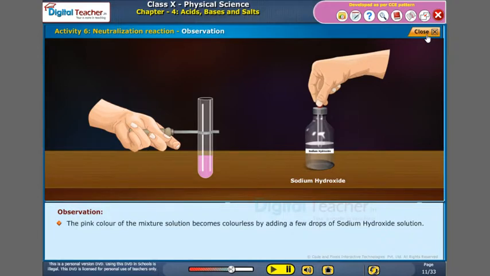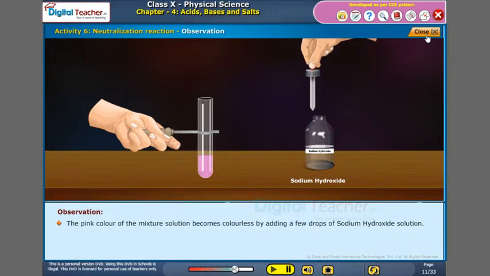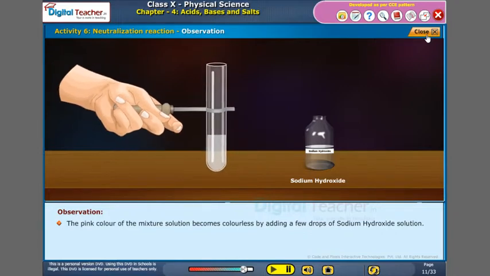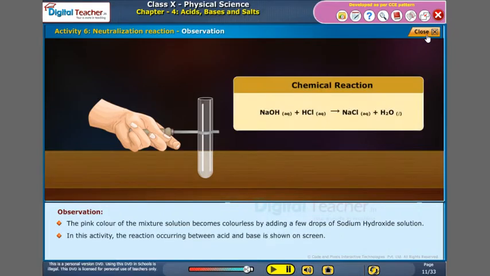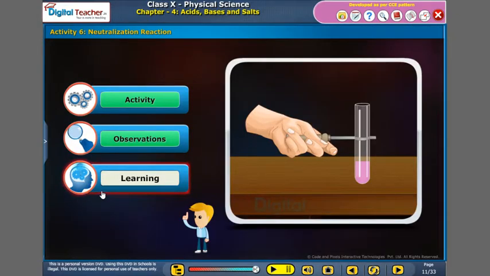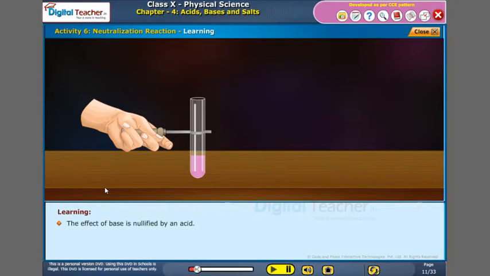The pink color of the mixture solution becomes colorless by adding a few drops of hydrochloric acid. The reaction occurring between acid and base is shown on screen. The effect of a base is nullified by an acid. The reaction of an acid with a base produces salt and water, known as a neutralization reaction.